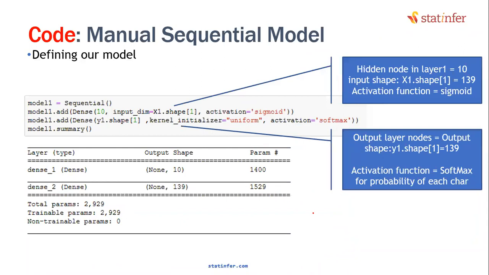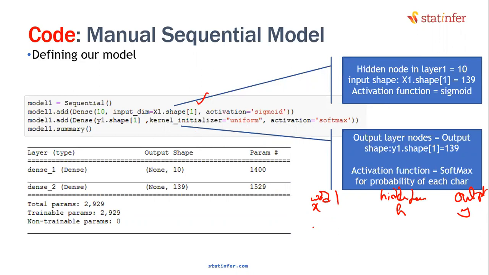Okay, how many nodes does the input have? Input layer is x, which is word 1. Then the hidden layer, then word 2 is the output layer, which is y. How many nodes does the input layer have from this code?